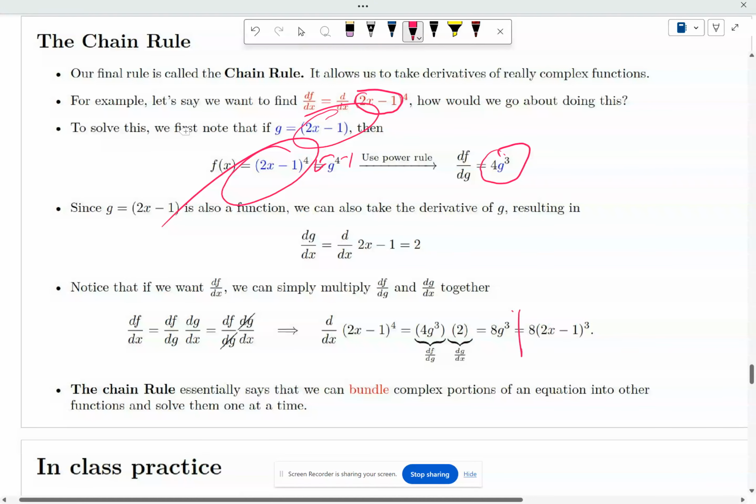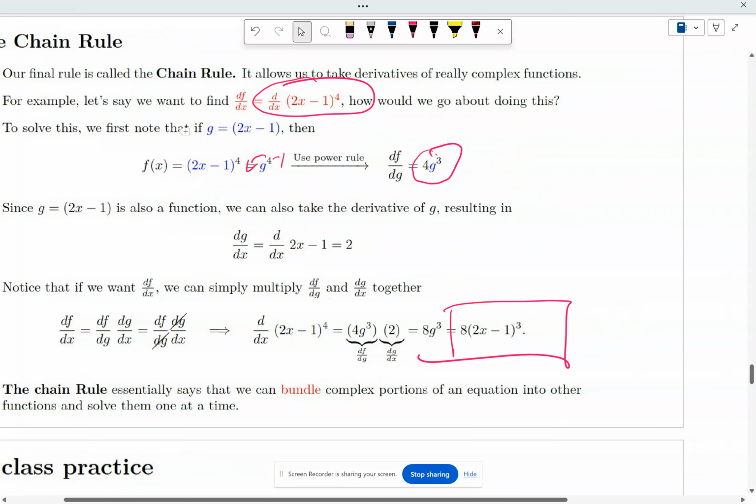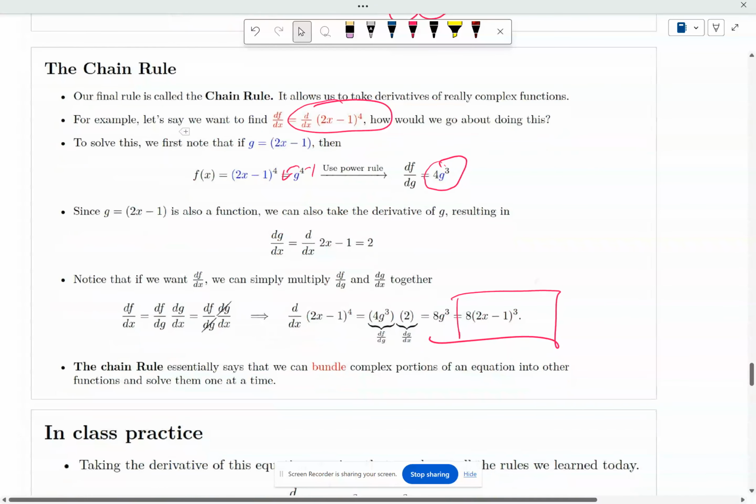So the final result tells us that we can take the derivative of this by really simplifying it. And this idea really chains itself. It's called the chain rule for a reason, because we can bundle very complicated variables. If it's more complicated than this, you can do this over and over again. So for example, you can have df/dg, dg/dq, dq/dx.